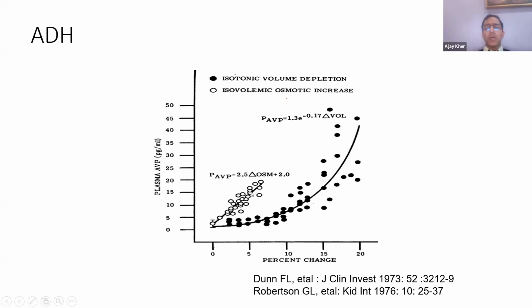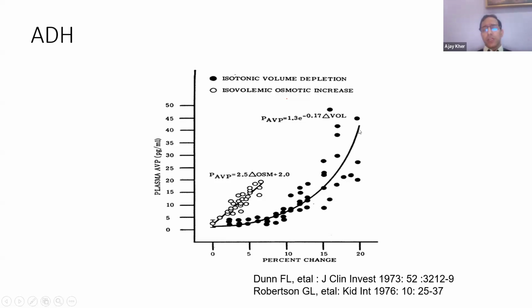And that's what these clear circles are indicating. And the dark circles are volume changes. So if you cause volume depletion for the first 6, 7, 10%, there is very little change in ADH. However, beyond this 7, 8%, ADH can go up very rapidly and exponentially for any further decrease in volume.